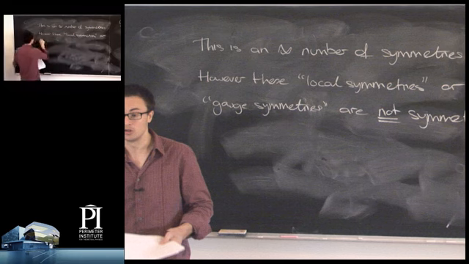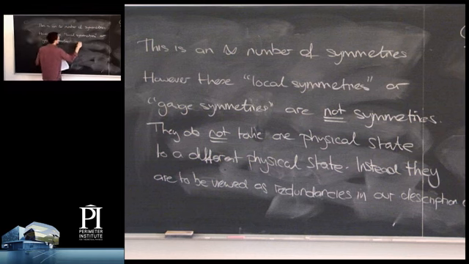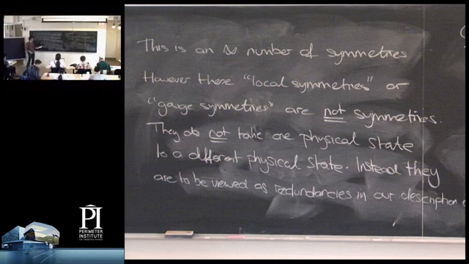So these are called local symmetries or gauge symmetries. And they're not symmetries, certainly not symmetries in the sense that we've been meaning it so far in this course.